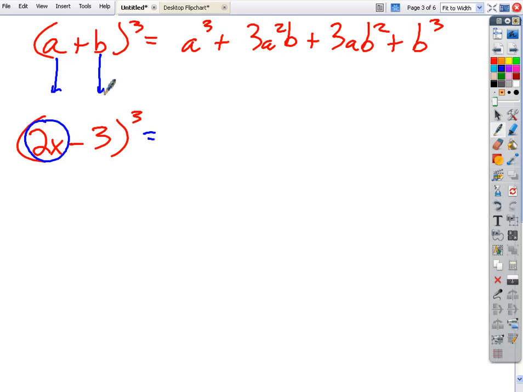Because that's like rewriting this as (2x minus 3), which is the very same thing as 2x plus -3, right? So the b is the -3. We just follow our pattern. So a cubed becomes what cubed? The quantity 2x, yeah.